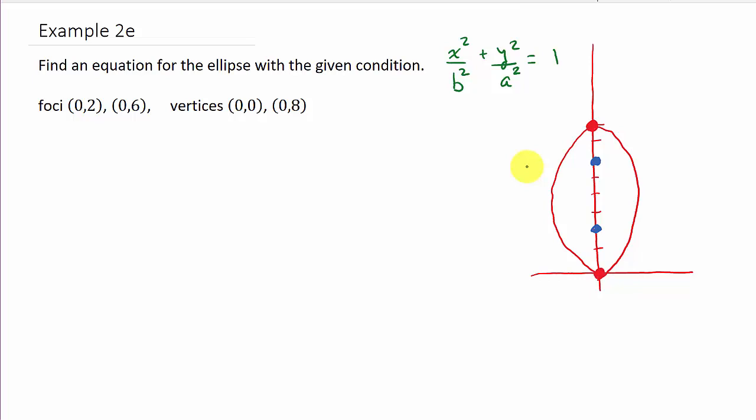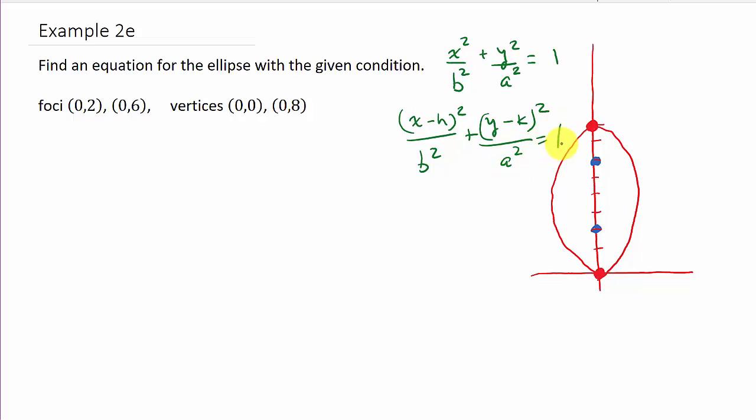The b's under the x, the a's under the y, but this is not centered at 0, 0, so this part's going to be a little bit different too. This is actually going to be x minus h squared over b squared plus y minus k squared over a squared, and that equals 1.